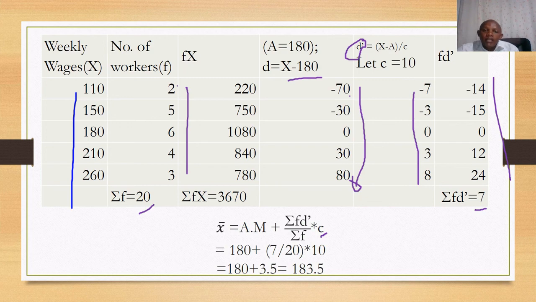So when you get the answer, you must multiply it by 10 to go back to the original value. That's why we are saying it is 7 over 20. This is 7, the sum of f d prime is 7. The frequency there, you have seen, is 20. Then divided by that, then times 10. And this answer is the one that we found earlier using the direct method and the assumed mean method.